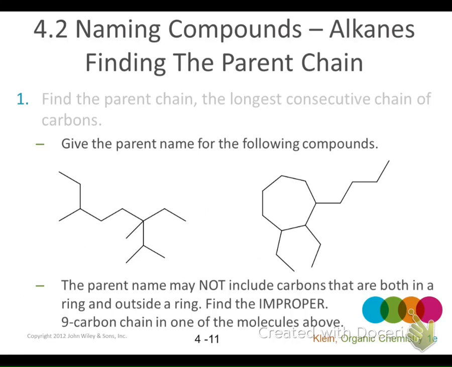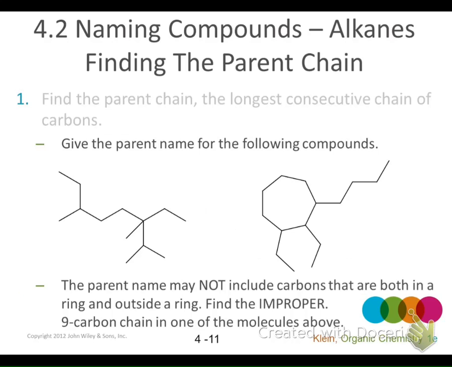All right, so this is like the textbook slide. I made some modifications. So let's do this. Let's find the parent chain for the compound on the left. 1, 2, 3, 4, 5, 6, 7, 8. 1, 2, 3, 4, 5, 6, 7, 8.